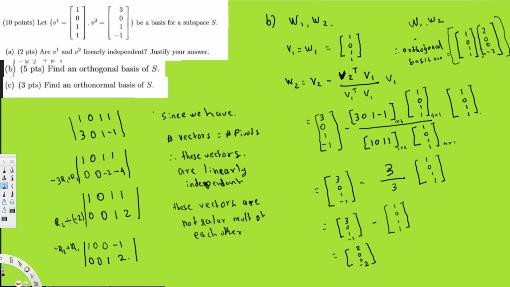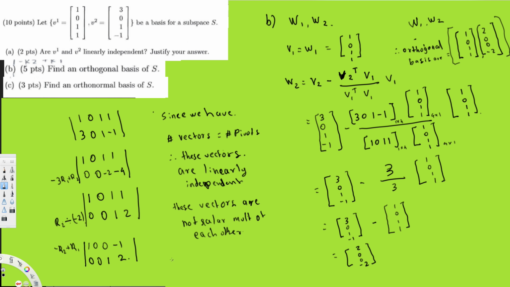It's the same thing, but in this case we have to divide each vector by its magnitude. The magnitude is the square root of this: 1 squared, 1 squared, 1 squared, and if you take the square root, it's going to be root 3. I have to divide this one by root 3.